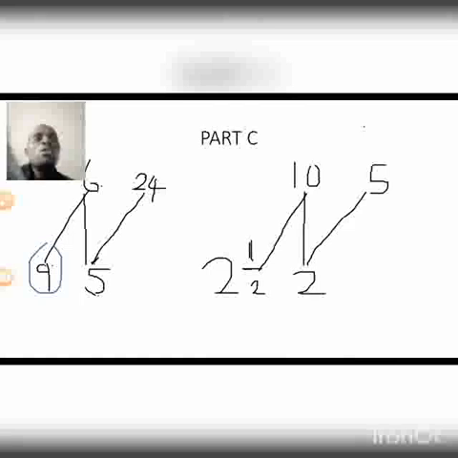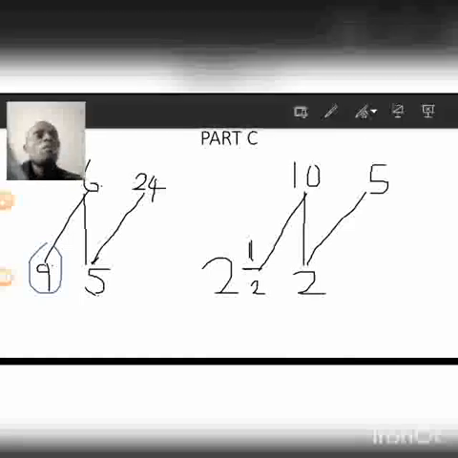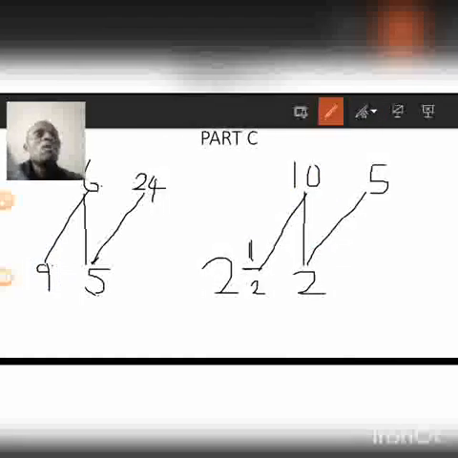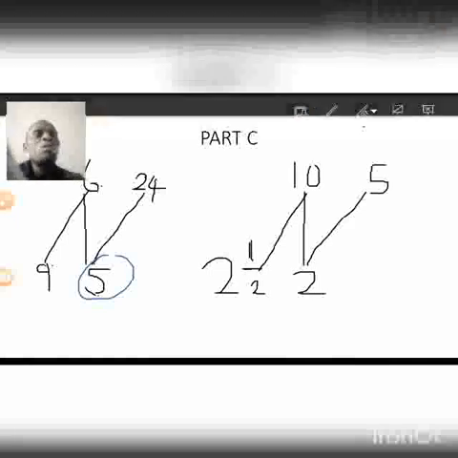Now in the position of 5, how do we get the position of 5? Again, we are going to follow a similar procedure.